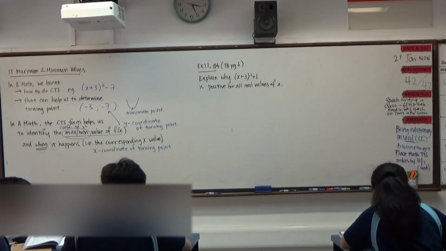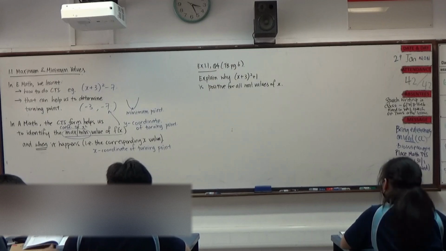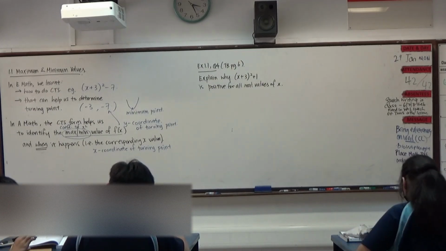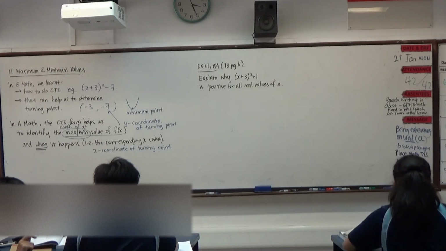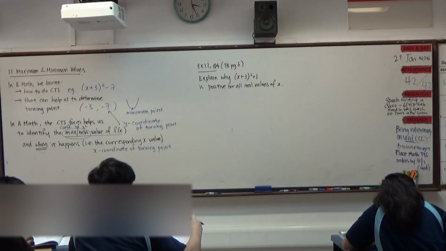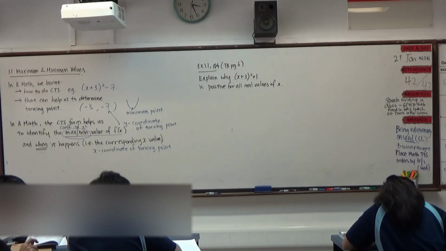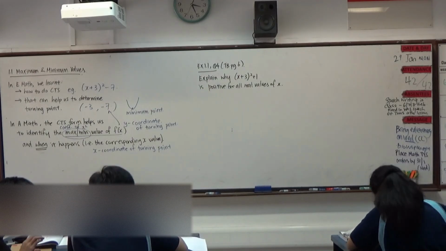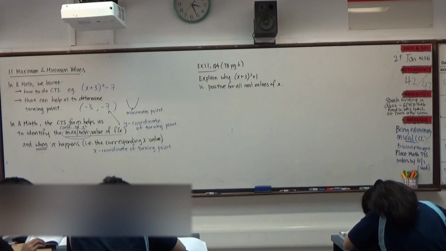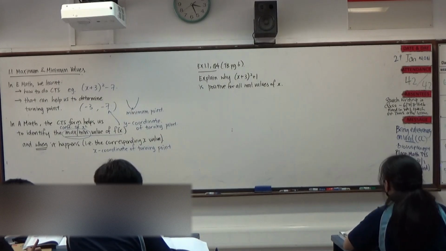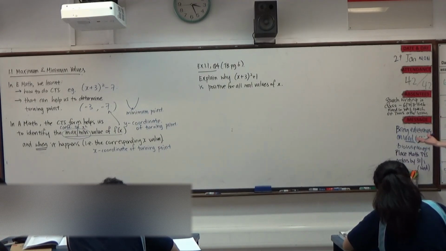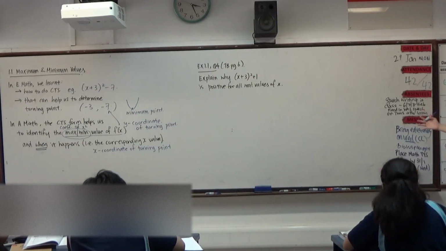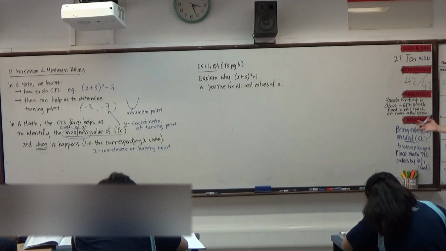Referring to exercise 1.1 question 4, it's asking: explain why (x plus 3) squared plus 1 is positive for all real values of x. You may have noticed this question is similar to what I gave you in E-Maths. To be honest, the question I gave you in E-Maths, I took it out from A-Maths itself. But does that mean that what comes out in A-Maths doesn't come out in E-Maths? Sometimes it could be asked as well, for example, these kinds of questions that ask you to explain.